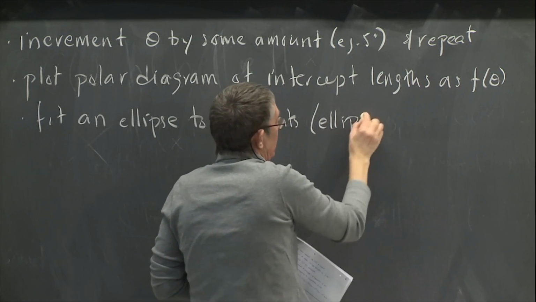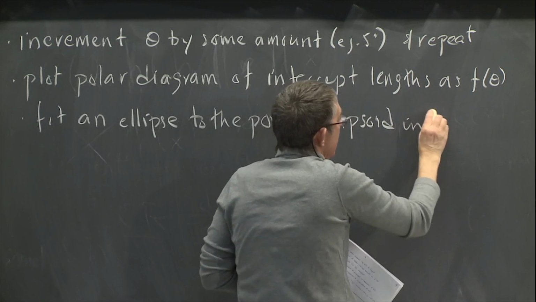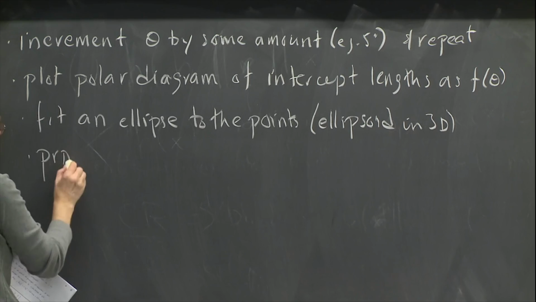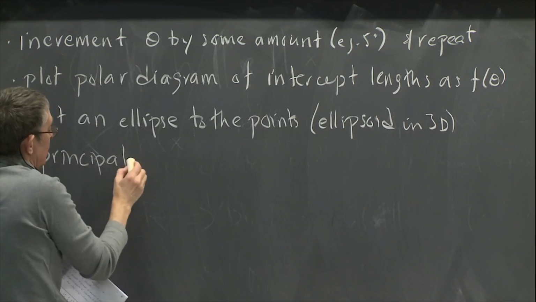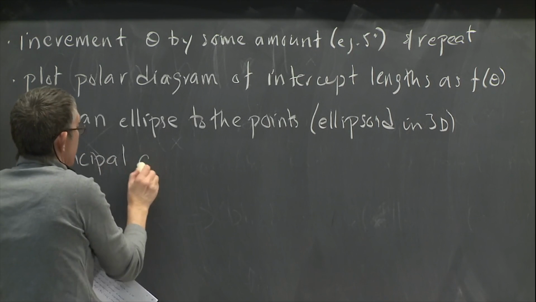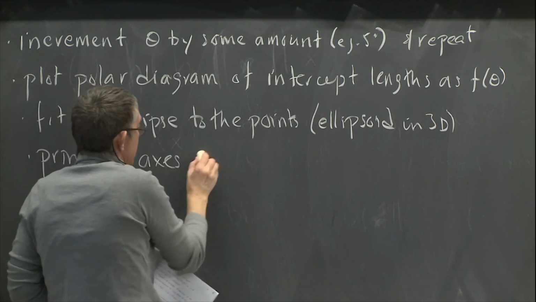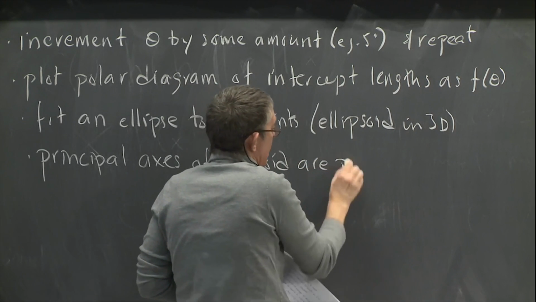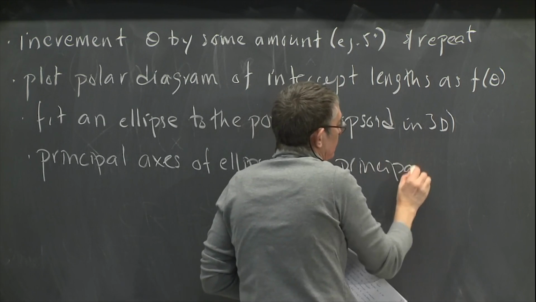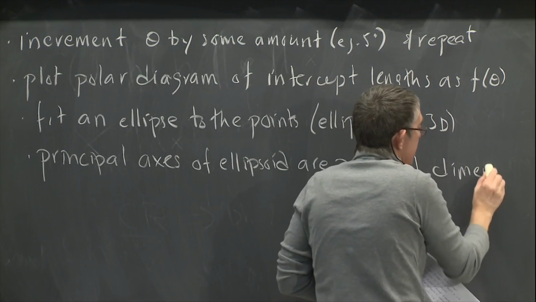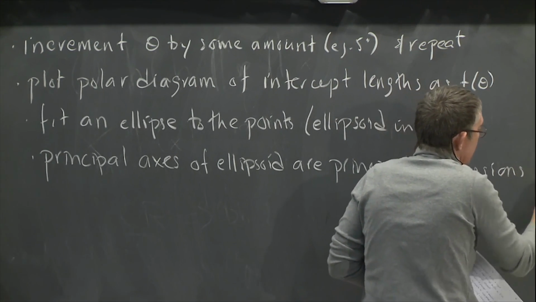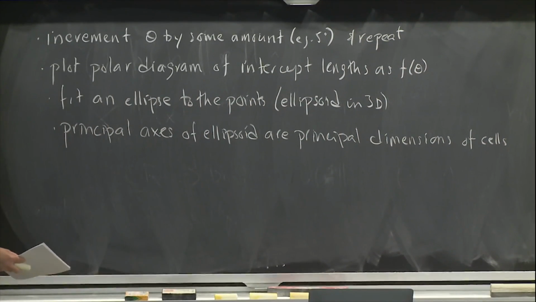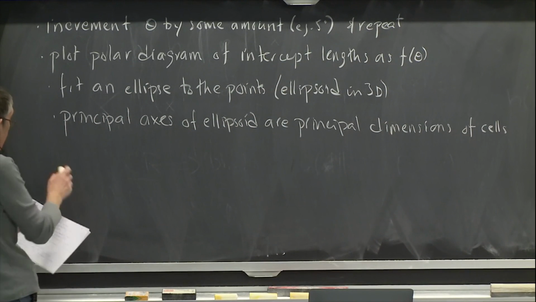If you did it in 3D, you'd have an ellipsoid. The principal axes of the ellipsoid are the principal dimensions of the cells, and the orientation of the ellipsoid is the orientation of the cells.